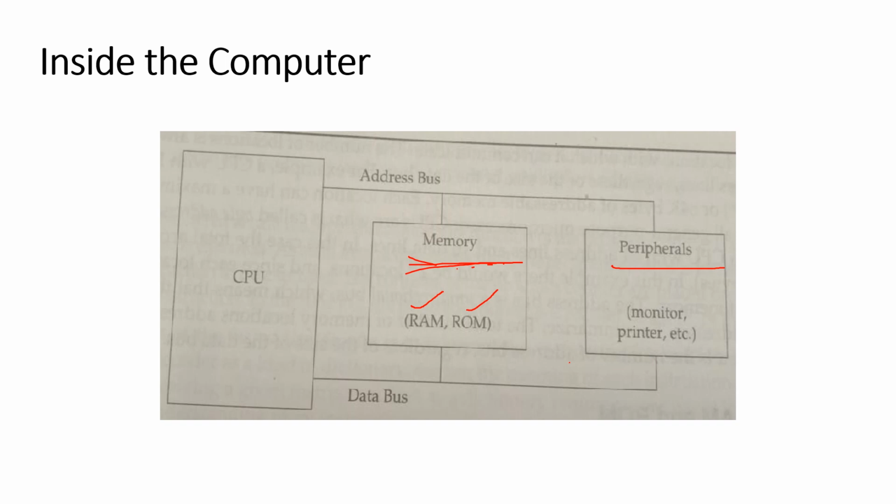We have different types of buses here: the address bus, data bus, and control bus. A group of address lines forms the address bus. Once the CPU wants to fetch some information or load some information to a specific address location, it should place the address on the address bus.